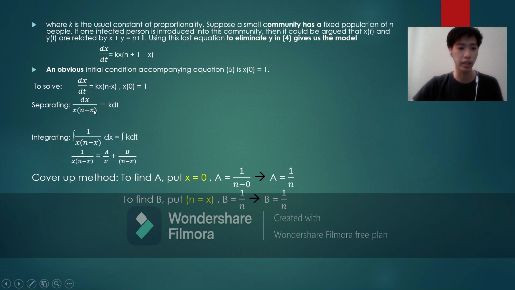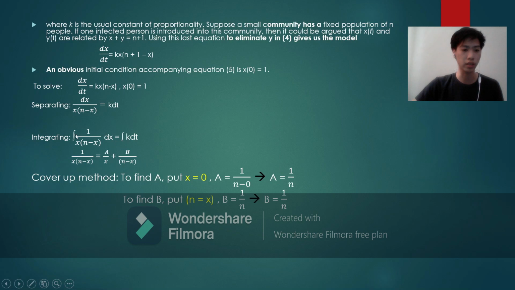So integrating 1 over x(n minus x) dx and the integration of k dt, we can use partial fractions for the integration.